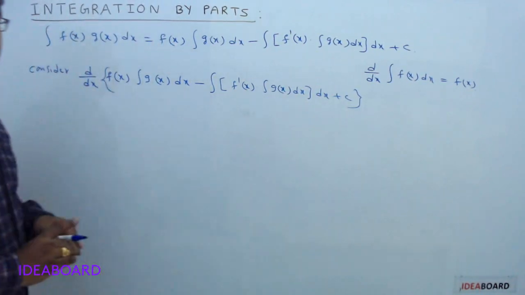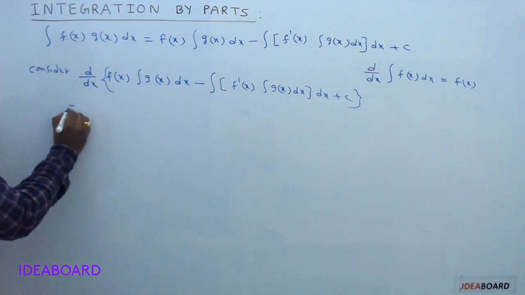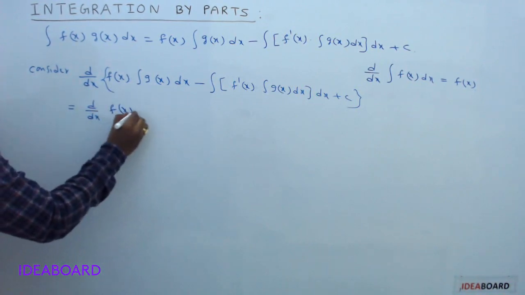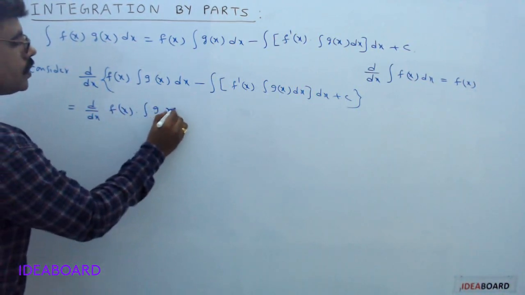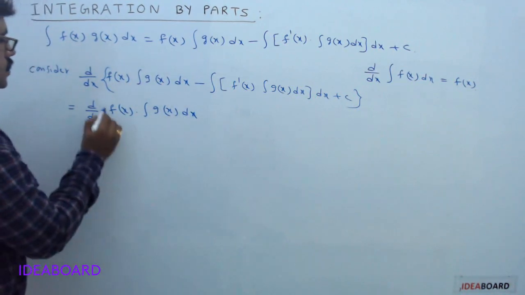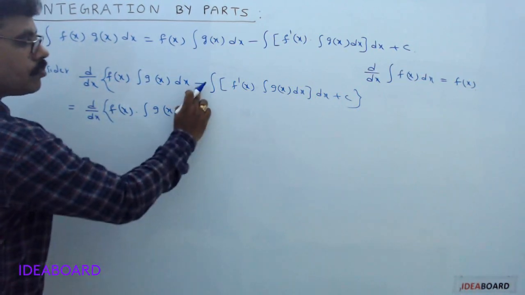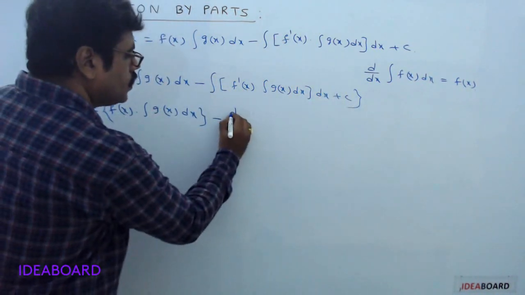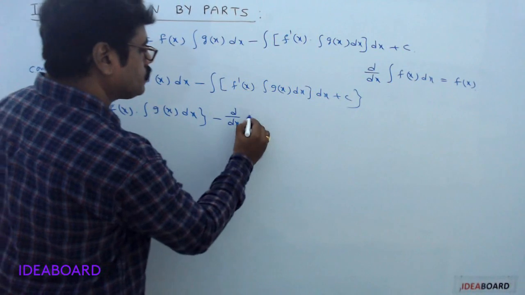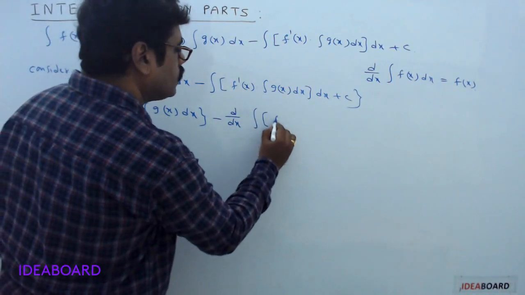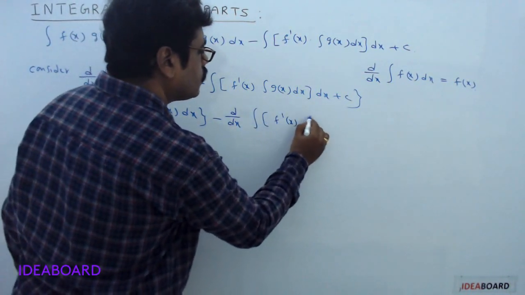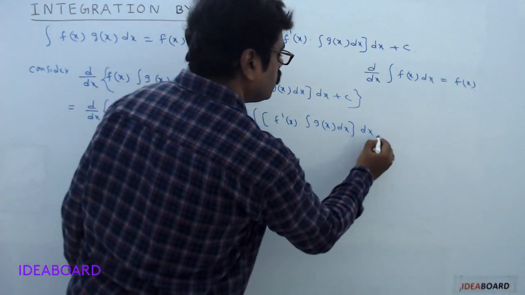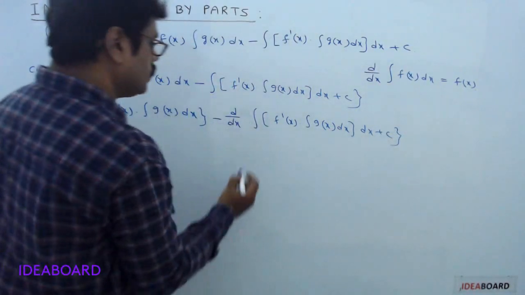Now simplify this one. It can be taken as derivative of f of x into integral g of x dx minus derivative of this entire term, so derivative of integral f dash of x into integral g of x dx into dx plus c.